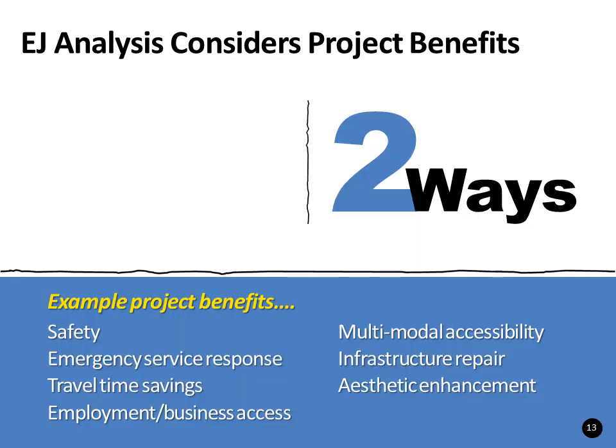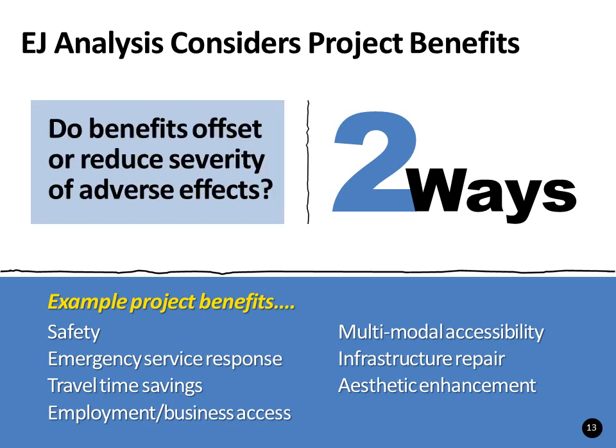At the heart of environmental justice and related non-discrimination legislation is fair distribution of the benefits and impacts of federal programs, policies, and activities. Some examples of common project benefits are listed on the slide. For environmental justice analysis, benefits are considered in two ways. First, project benefits are considered for their ability to offset or reduce the severity of adverse effects.